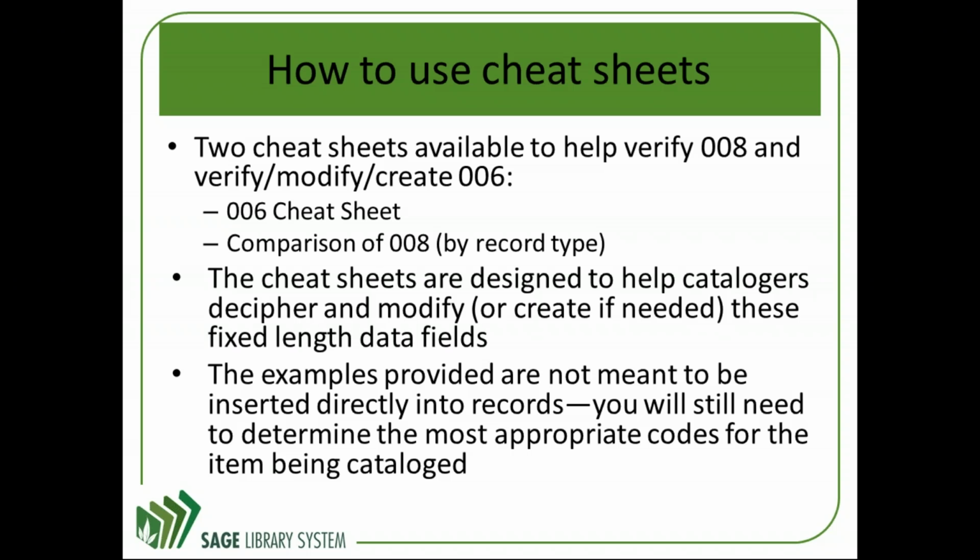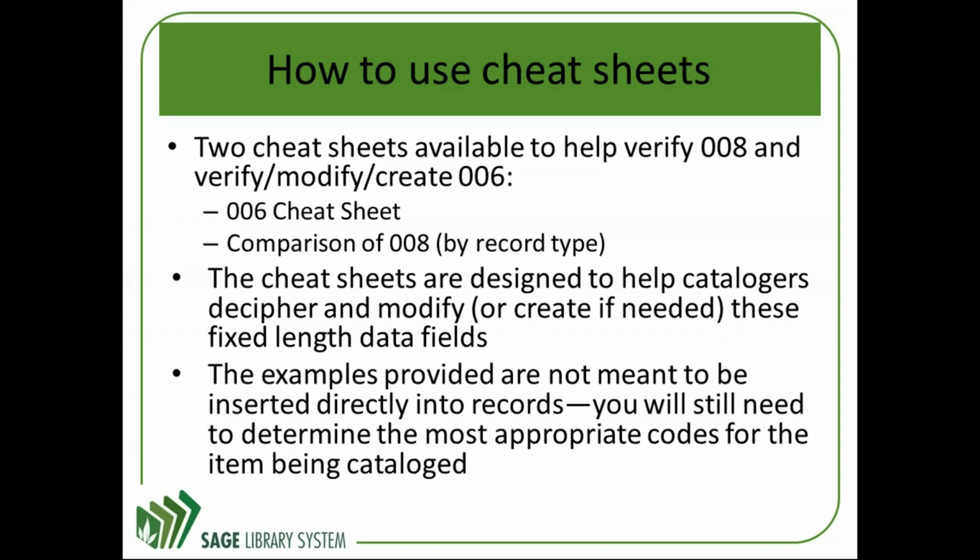In each case, I've provided an example, as well as in these slides, but these aren't examples that you can just cut and paste into a record, because each 006, and likewise the 008s, are going to vary by that specific item.